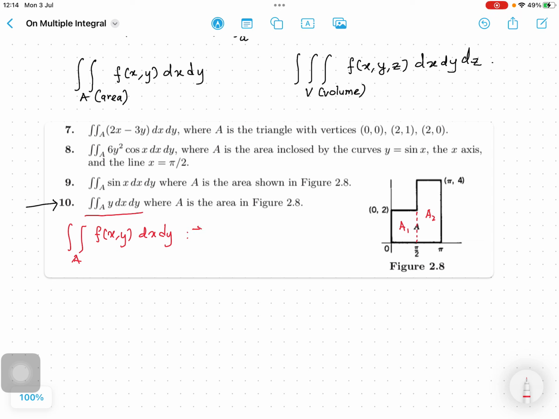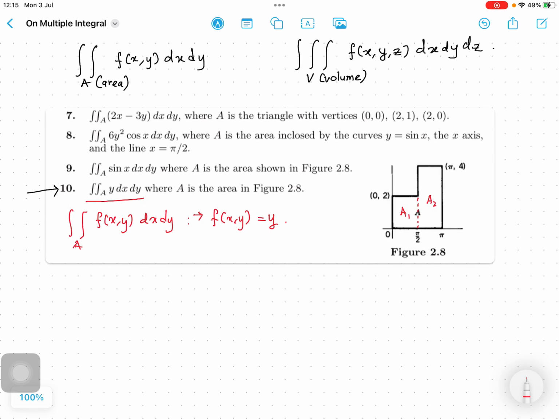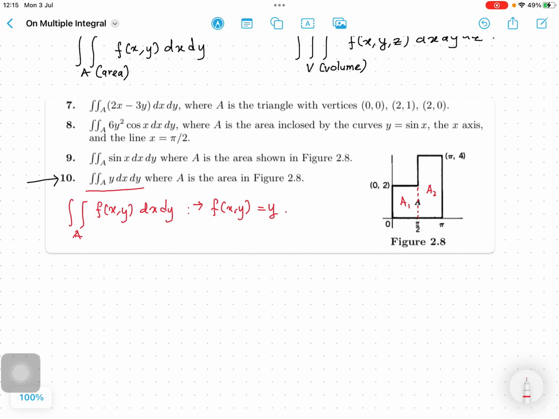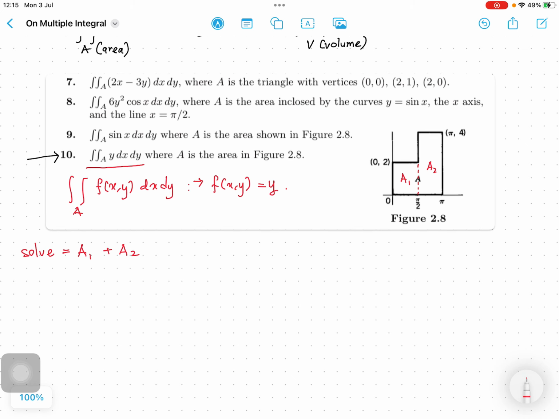So your f(x,y) is just y. Even though in general it's a two variable function, the question gives you only y. So we have to solve the area A1 plus A2.